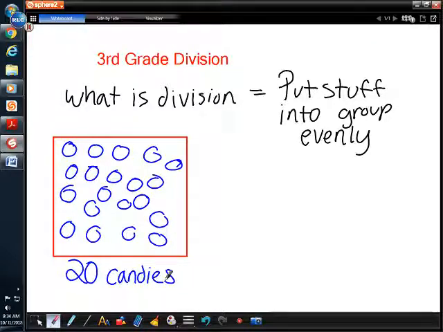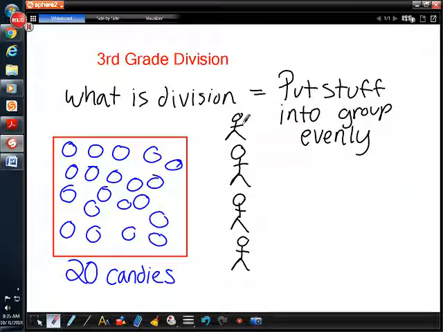So let's say mom says you have 20 candies, and you got some friends coming over. And we'll say that you have 3 friends, including yourself. So that's going to be 4 people. Okay, so 4 people total. And we'll put him right here.